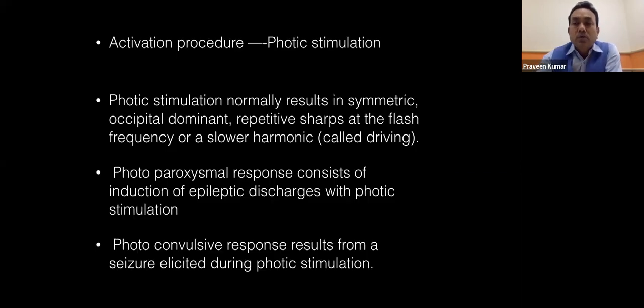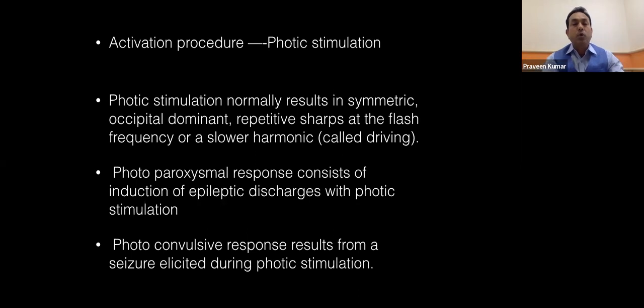Photic stimulation is also done in our normal routine lab, from 3 to almost around 30 hertz. With photic stimulation you get a response in the occipital cortex. You get photic driving when you get similar occipital waves at the same frequency as the stimulation.